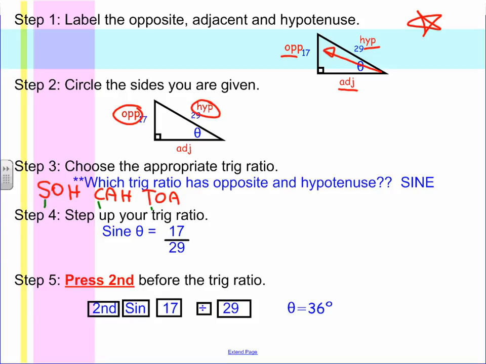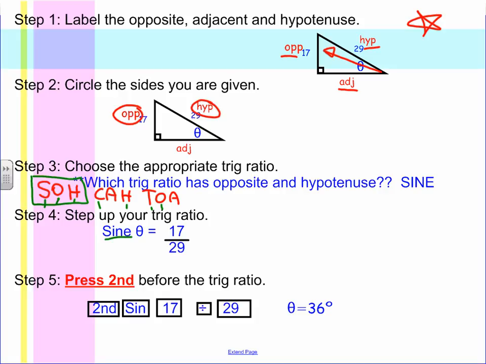So I circled opposite, so I check my O's, and I circled hypotenuse, so I check my H's. Once you're done doing all your checks, one of them should have 3 checks, and in this case it's our SO. So that tells us we need to use our sine ratio.